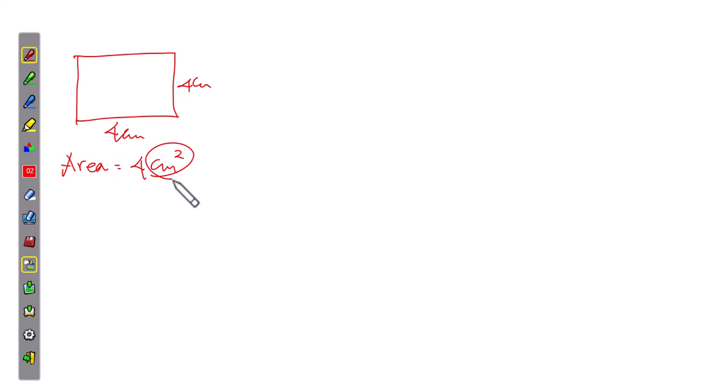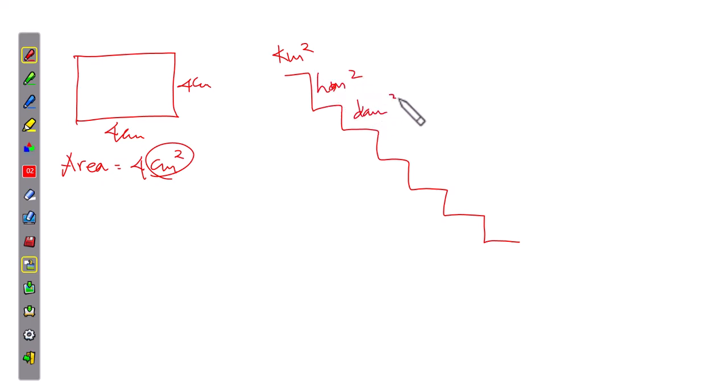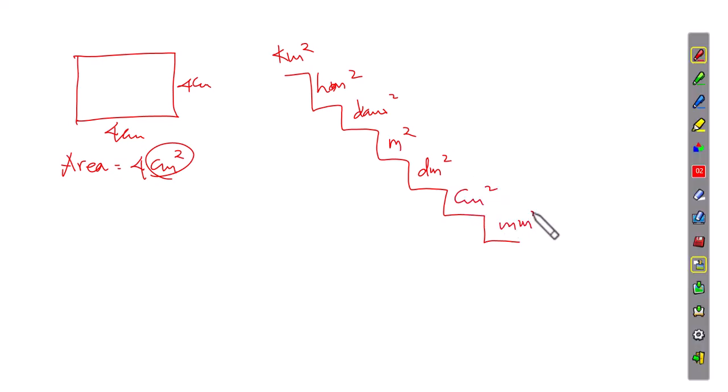For example, here you have kilometer square, hectometer square, decameter square, meter square, decimeter square, centimeter square, and millimeter square. So for the length, you multiply by 10.